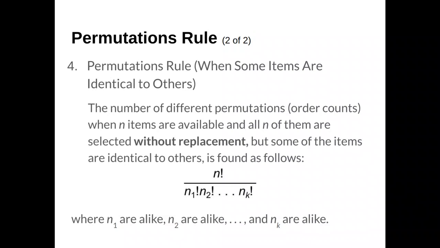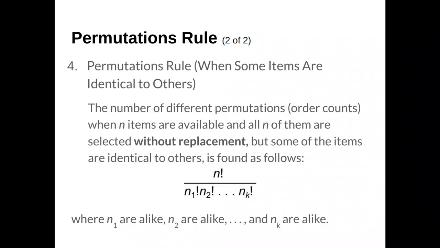And so this is simply when we are doing a permutation of n items and we are selecting all n items. That's a big thing. If you're only selecting a subset and they're not distinct, it gets into a whole other ballgame that we're not going to deal with. So we have n items. They're not all the same, or they're not all different. And we want to choose all of them without replacement.